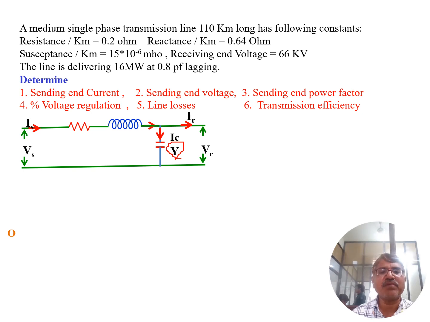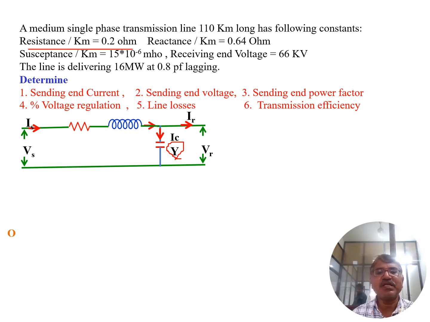So from the data, this is the resistance per kilometer length. Now we have to calculate the total resistance, total reactance, and total susceptance of the transmission line.